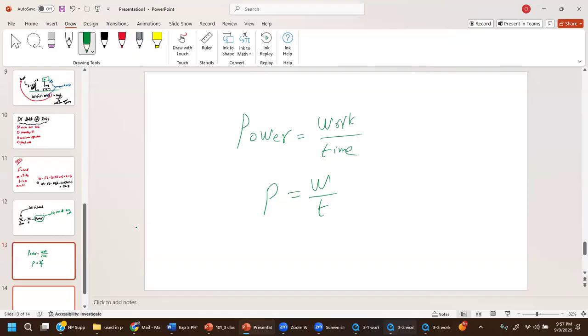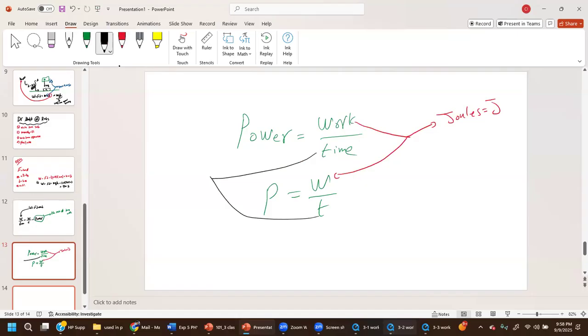Now, when we talk about units, the work is going to be in what? Joules, which we give the letter J. And your time is going to be in seconds.